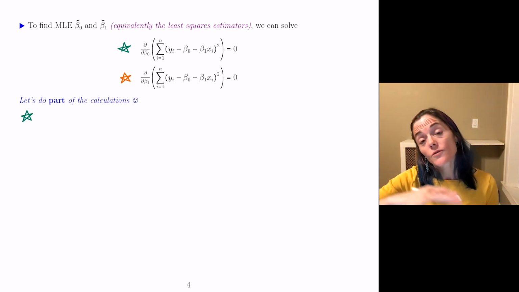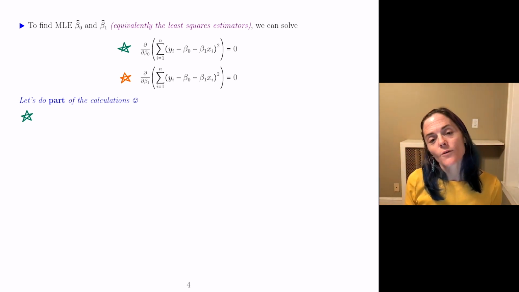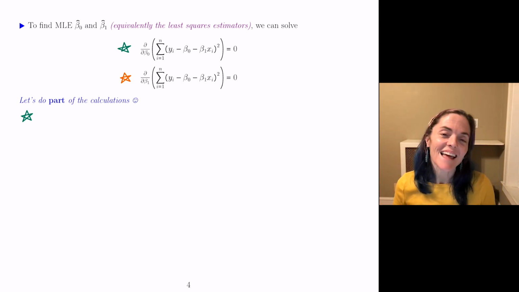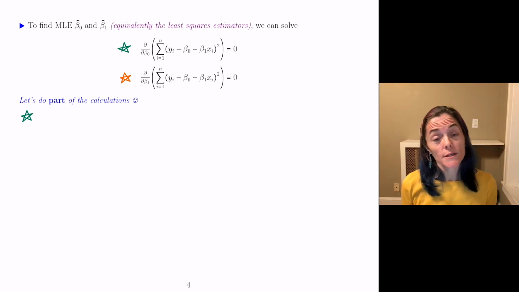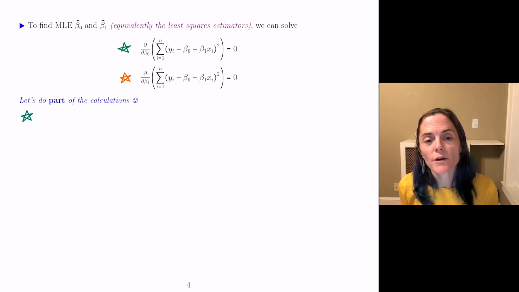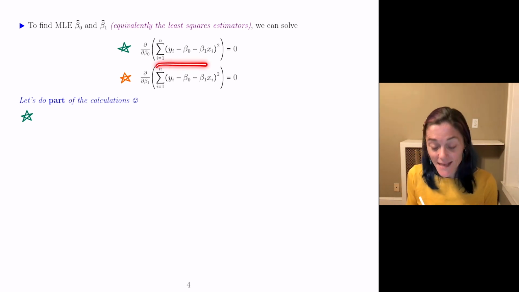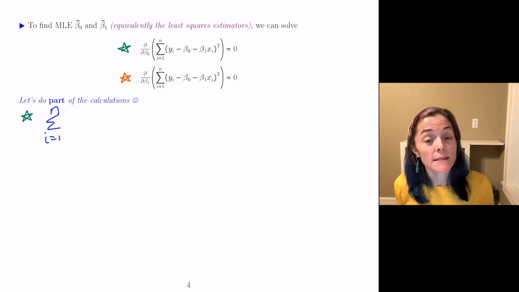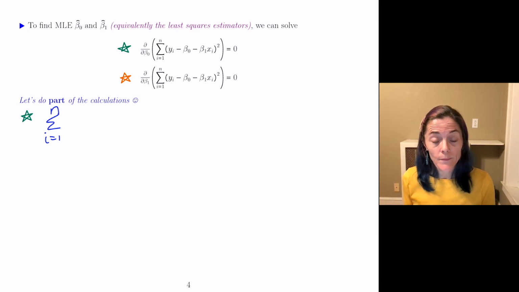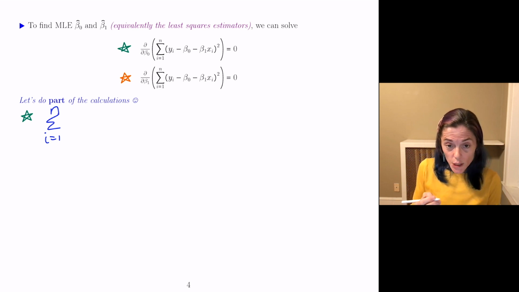Now I'm not going to do the full calculation solving for beta 0 hat and beta 1 hat. I'm going to do part of it, and then you can get the idea. You could finish it off using some algebra. Let's take the partial derivative of this with respect to beta 0. Well, this will be a sum, i equals 1 to n. Remember, beta 0 is my variable. It's really chain rule.